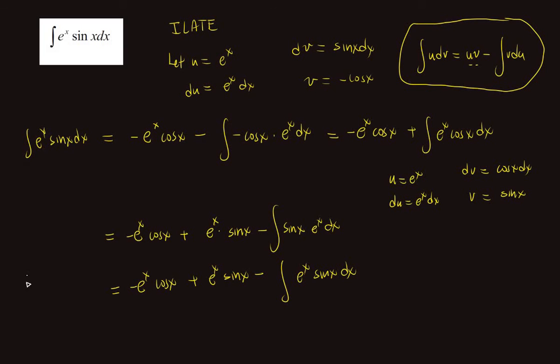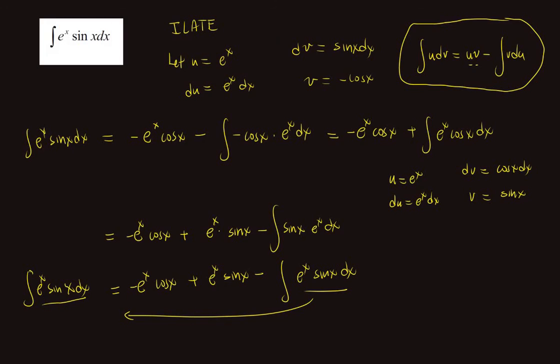And yes, because the integral we were solving at the start was e to the x sine of x dx. This integral and this integral are the same. Wow! So the only thing we have to do is take this integral and send it to the other side.